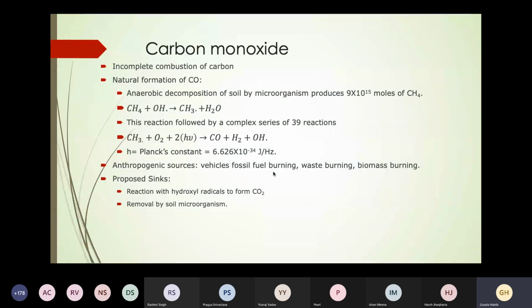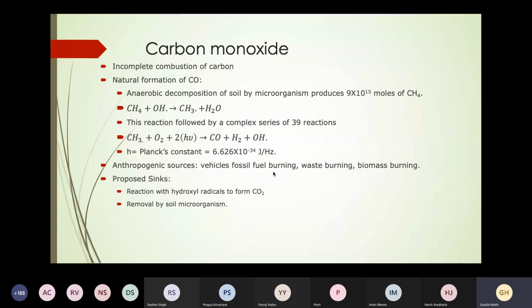For example, methane can even be emitted during the decomposition process of waste, right? But CO will not be emitted in such a way. When you burn any kind of fuel, including fossil fuel or biomass fuel, then you will get CO. Definitely the CO would be there. So it is a tracer of combustion.